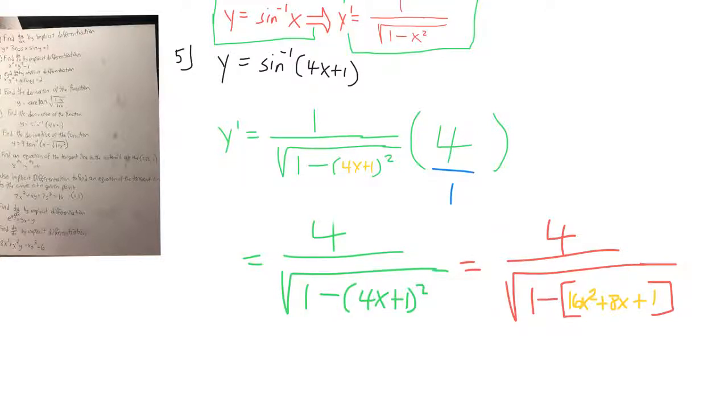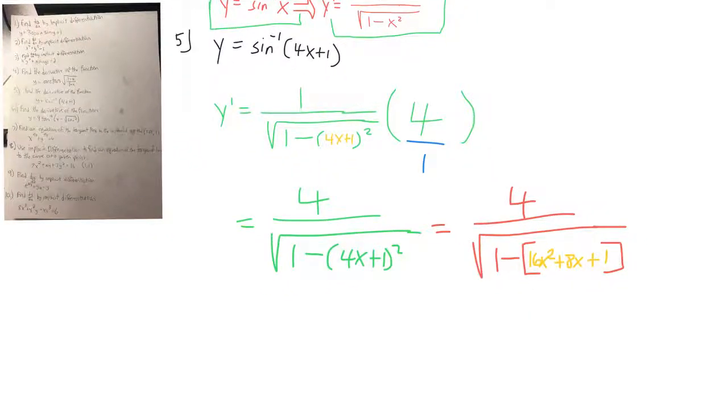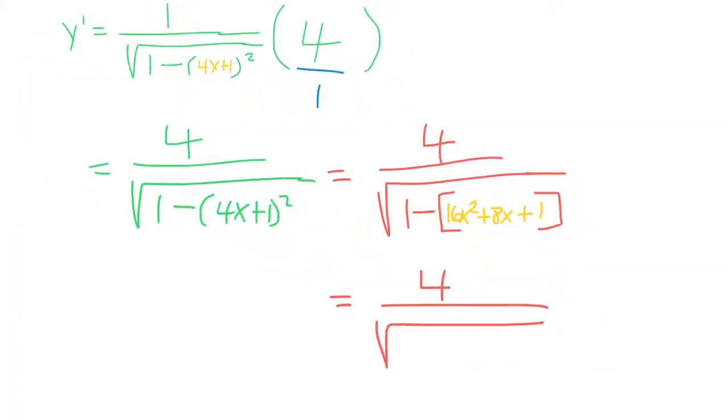And therefore, we could say that this is 4 over radical, you know, after distributing the negative in there, I'll just kind of stick with the descending order of exponents. After distributing the negative in there, that becomes a negative 16x squared minus 8x.